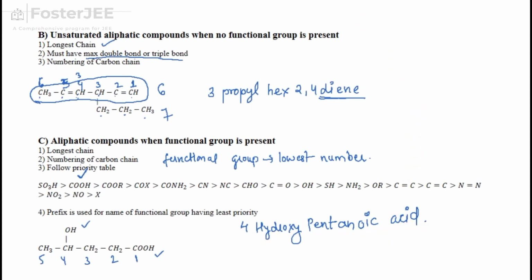Now move to the next category, that is the naming of alicyclic compounds. In alicyclic compounds there are two categories. So if the cyclic compound contains more carbon atoms than the alkyl group, then the alkyl group is considered as the substituent group.